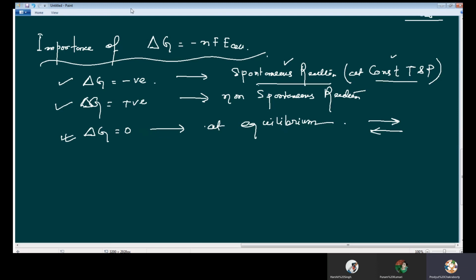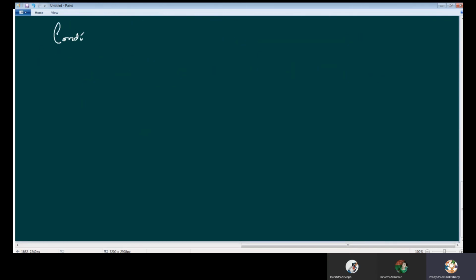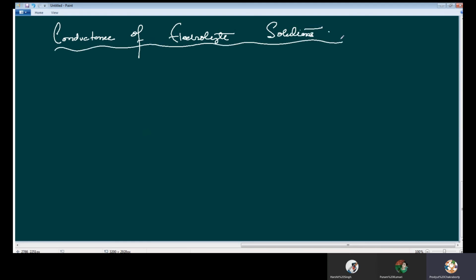Now, conductance of the electrolyte. Conductance is the opposite of resistance.